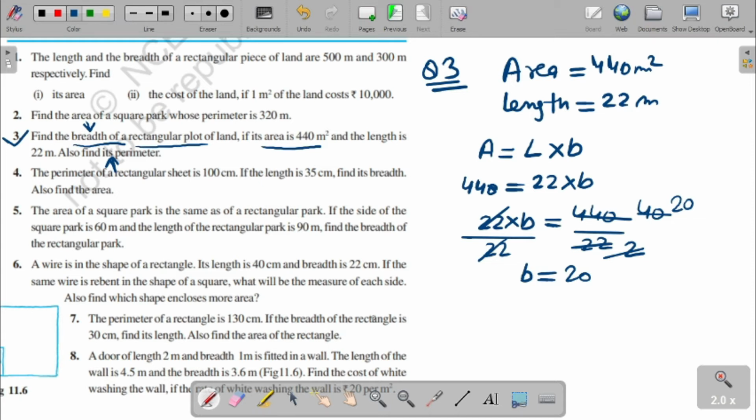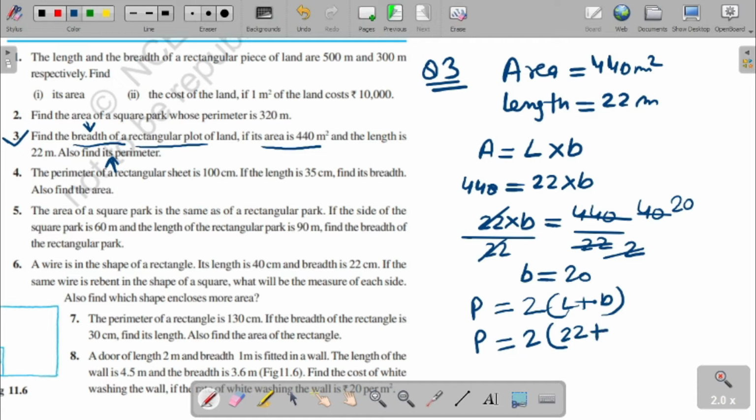In the second part, we have to find the perimeter. What is the formula for perimeter? Perimeter in case of a rectangle is twice L plus B. In place of L, we write 22.